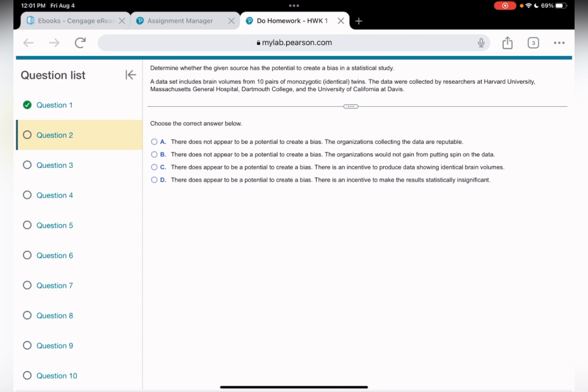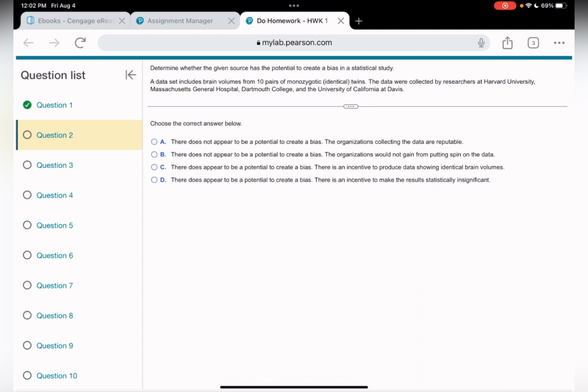So let me see if the next question is also about bias in a statistical study. I'll solve this one, and the following questions that also look into statistical study of potential bias I will leave on you to solve. So let's see. Also, we need to look at the source and decide if there is potential to create bias in a statistical study.